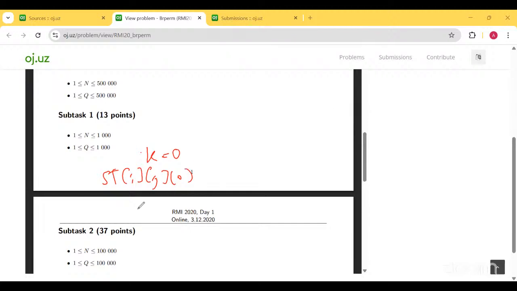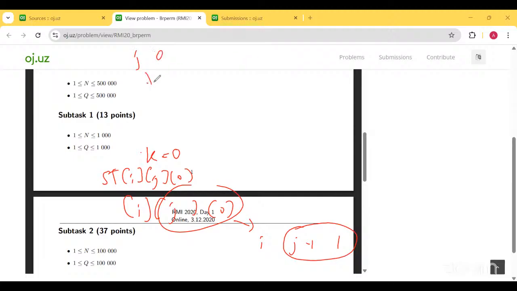For i, j, 0, we only need i, j minus 1, 1. So we only need j minus 1, 1. And then we need j minus 2, 2, j minus 3, 3. Okay. So just do this.